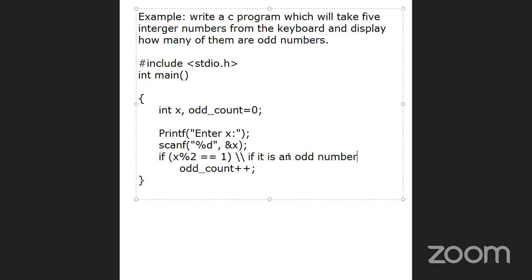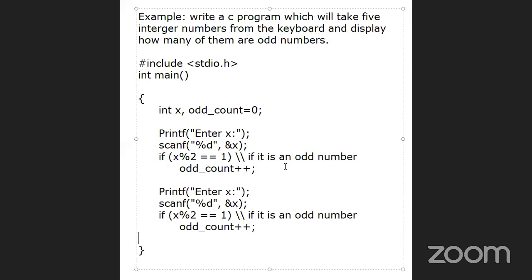So you have to continue this process 5 times. You need to tell them to enter it 5 different times. So what that means is that we're going to repeat this process 5 times. This is 2 times we repeated it here.